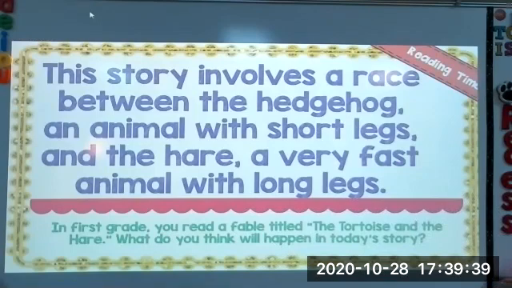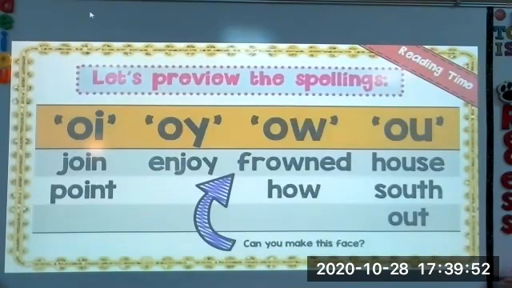And then the tortoise, or the turtle in the other version, is going to keep working hard and doing his best, and he's going to pass the hare and win the race. The hare is the same type of character. The difference is that we have a hedgehog and not a tortoise.